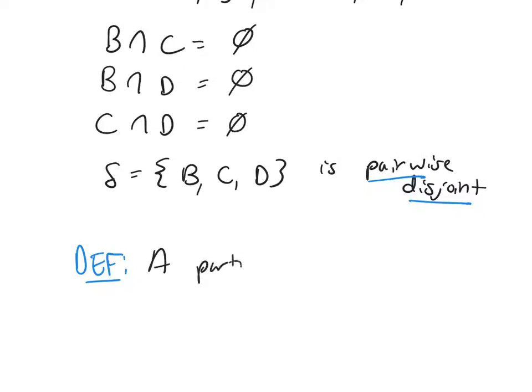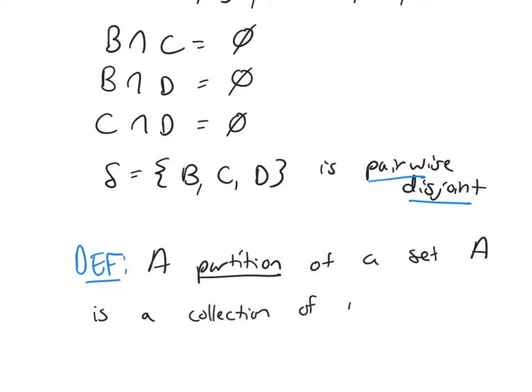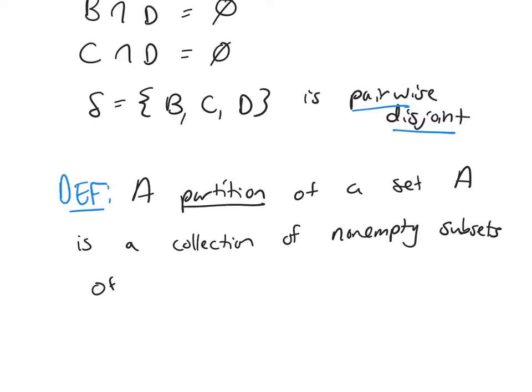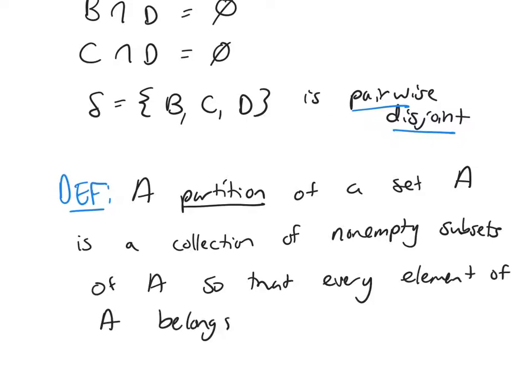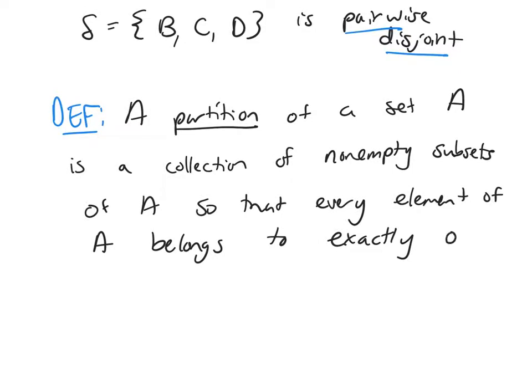A partition of a set A is a collection of non-empty subsets of A so that every element of A belongs to exactly one subset in S.